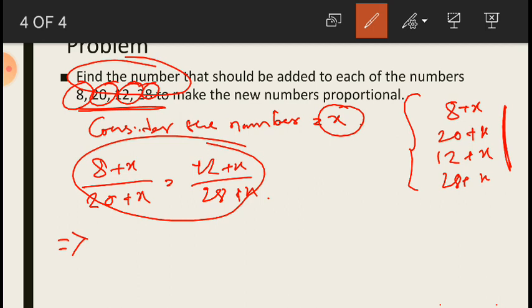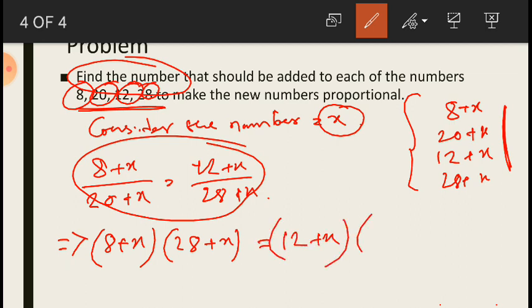So that means you can see here that if we cross multiply, it will be a quadratic equation. Okay, that means 8 plus x into 28 plus x equal to 12 plus x into 20 plus x.